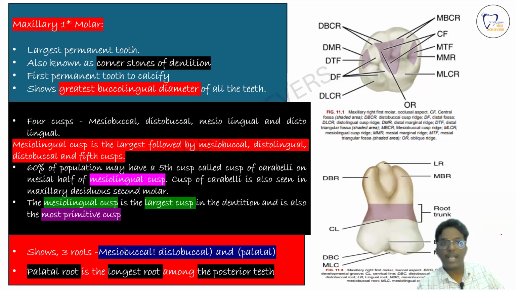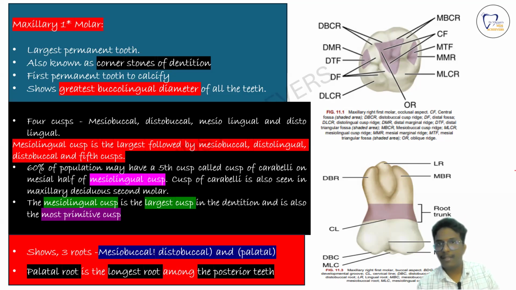It is the first permanent tooth to calcify and shows the greatest buccolingual diameter of all the teeth. There are four cusps: mesiobuccal, distobuccal, mesiolingual, and distolingual. The mesiolingual is the largest cusp, followed by mesiobuccal, distolingual, and distobuccal. The fifth cusp is the cusp of Carabelli, which is seen on the mesiopalatal cusp.